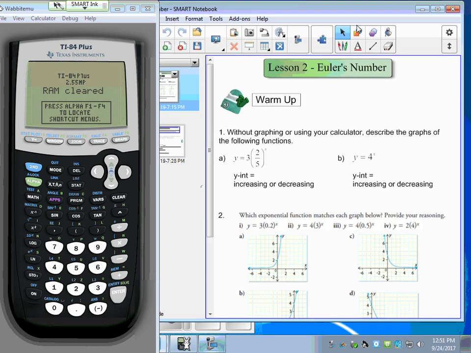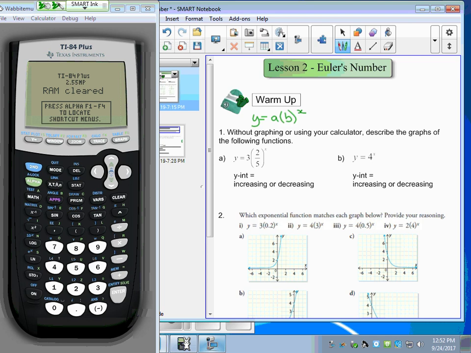Without graphing or using your calculator, describe the graphs of the following functions. For A, it says y equals 3 times 2 over 5 to the power of x. Remember that all exponential equations can be written in the form y equals a times b to the x.